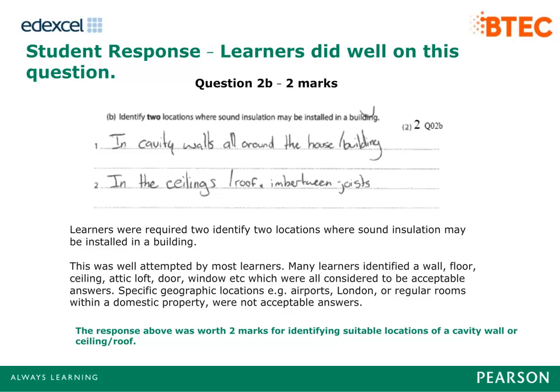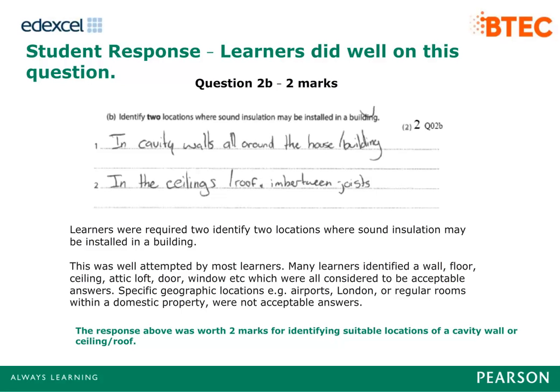For question 2B, learners were required to identify 2 locations where sound insulation may be installed in a building. This was well attempted by most learners. Many learners identified a wall, floor, ceiling, attic, loft, door, window, etc., which were all considered to be acceptable answers.